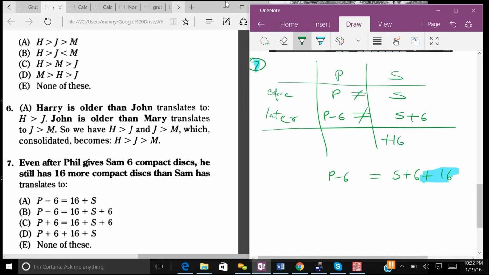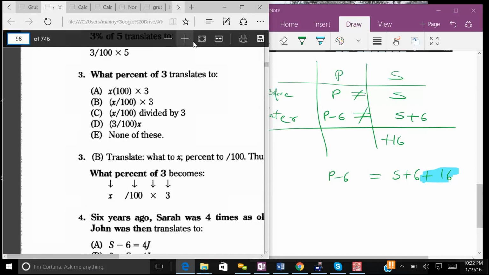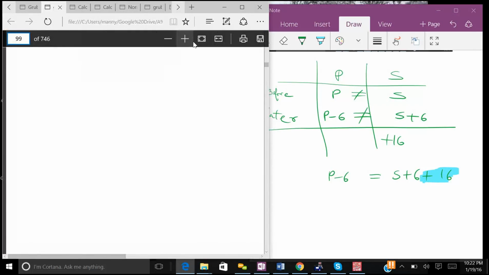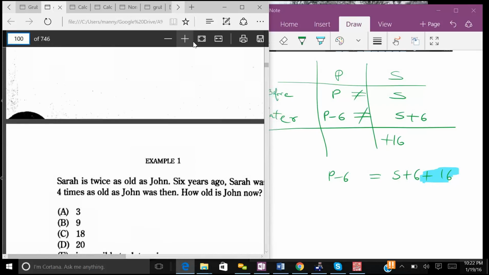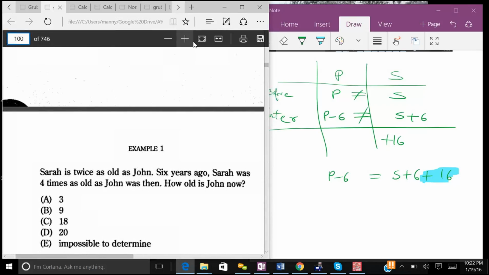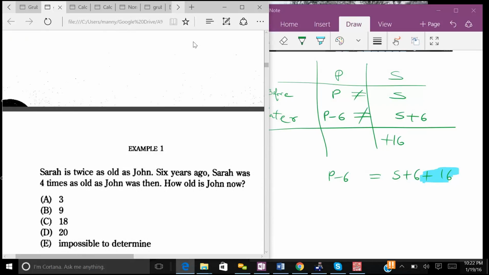Okay, great. Let's make sure you understand this, because you'll see these kinds of questions in the test at a harder level. Go ahead and try this one, Example 1. Try it first.